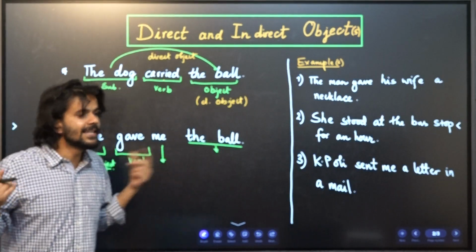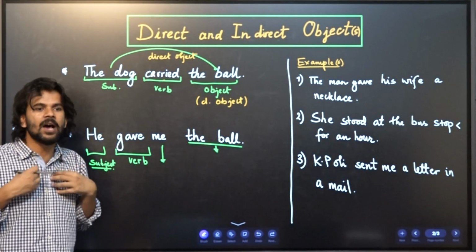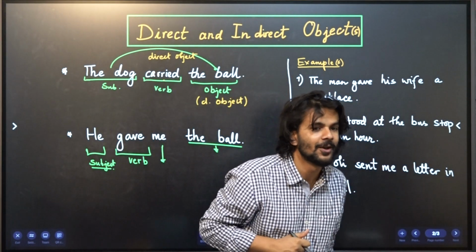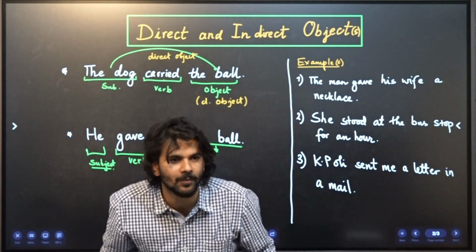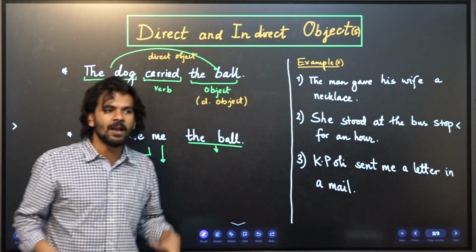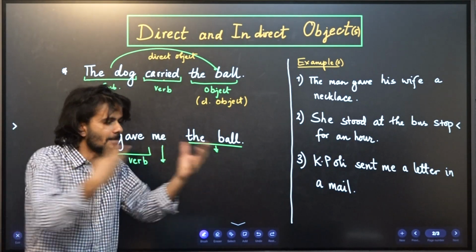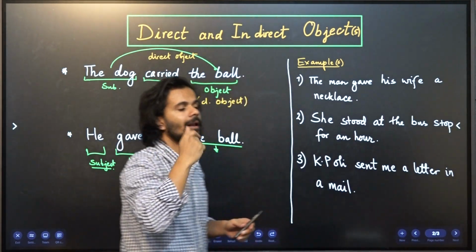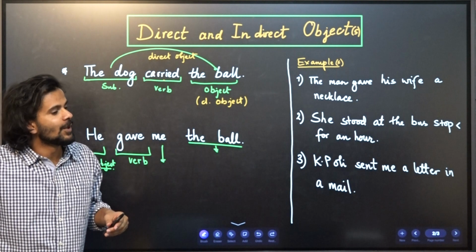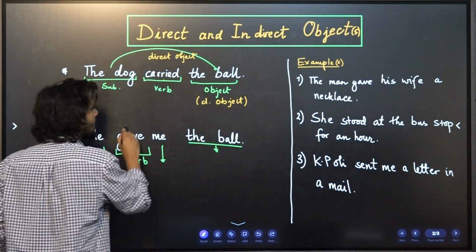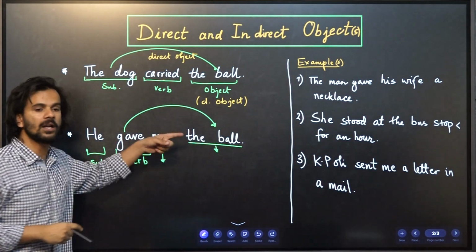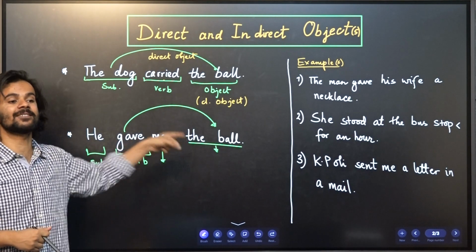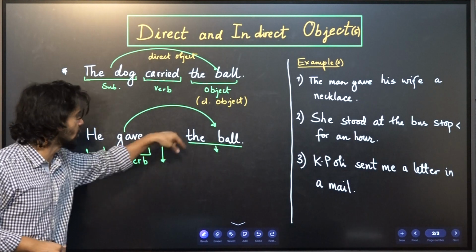Now, what did he give? The ball. He did not give me; he did not pick me up and give me to someone. What did he give? The ball. To whom? To me. So the ball is the object. What kind of object? Direct object, giving has been done on the ball.